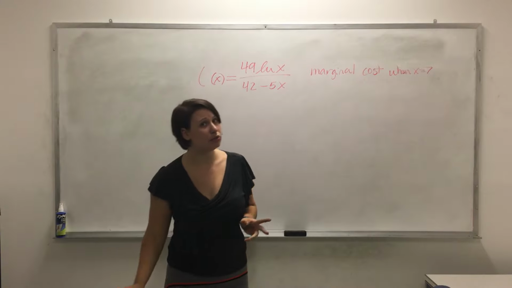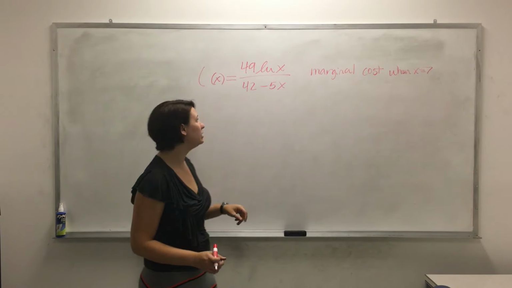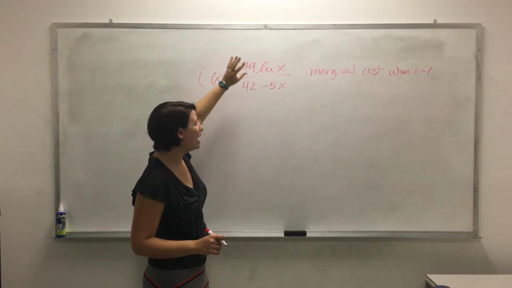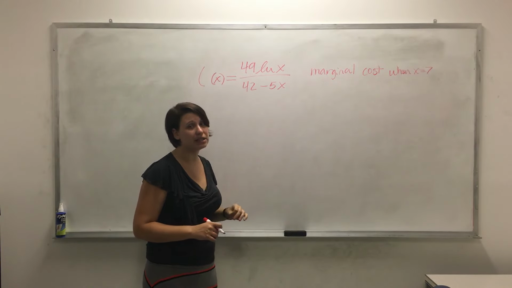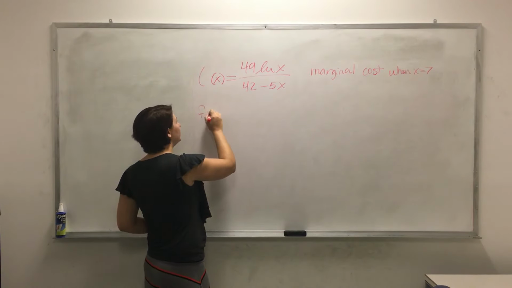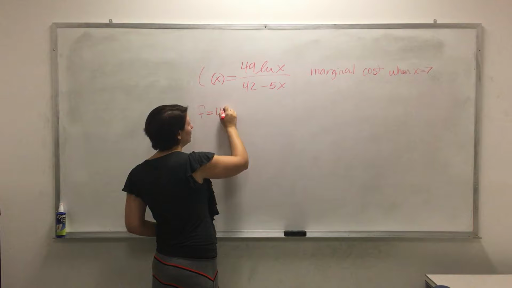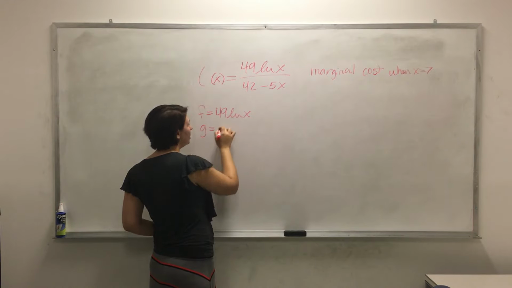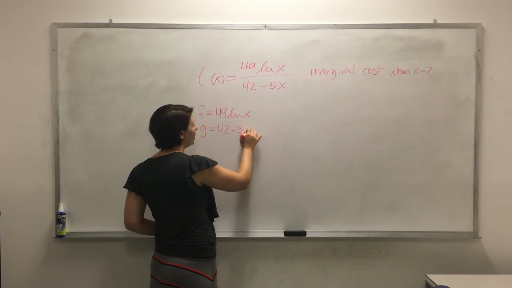So we know marginal means derivative, so we need to find the derivative of this function. Well, there's an x in the numerator and an x in the denominator. That means this is a quotient rule. So f is equal to the numerator, 49 ln of x. G is equal to the denominator, 42 minus 5x.